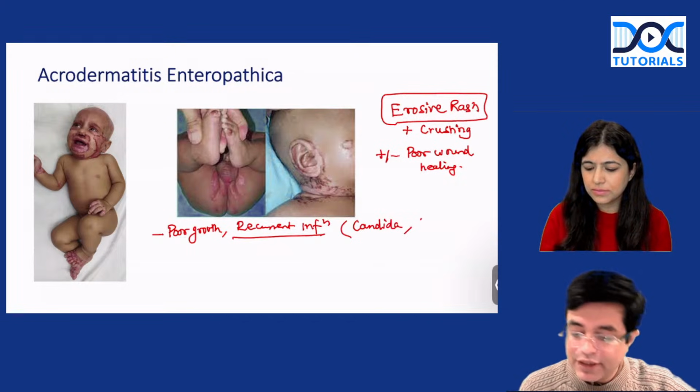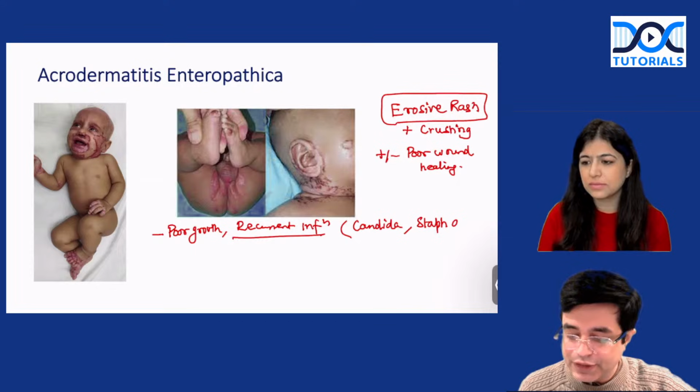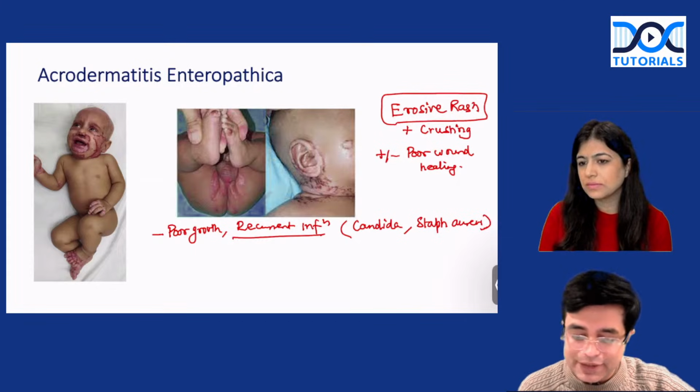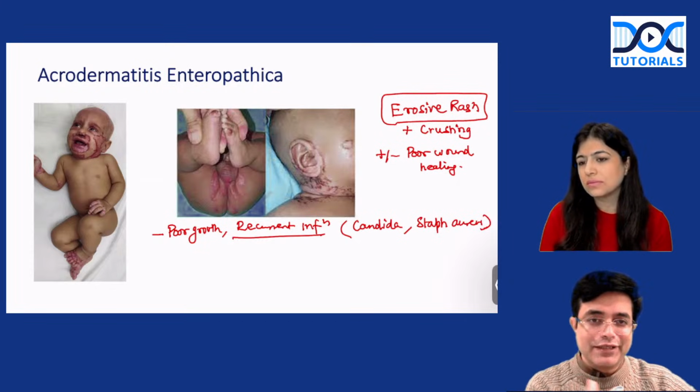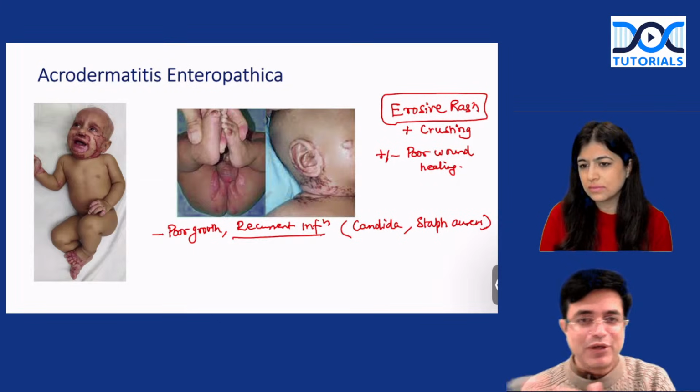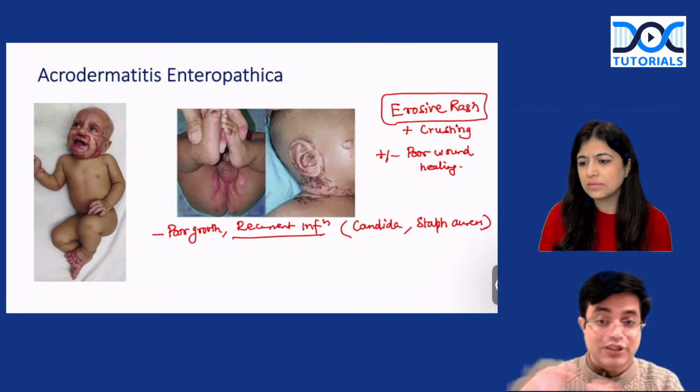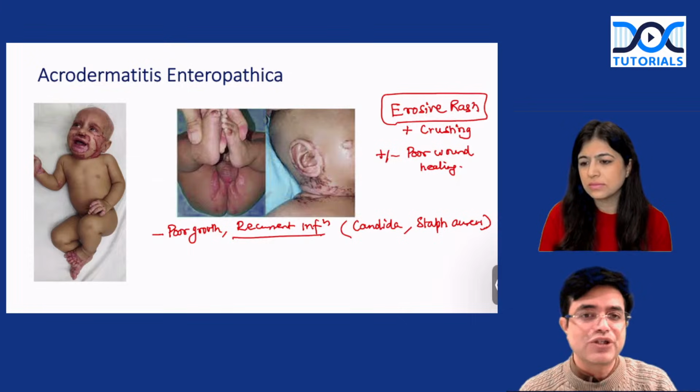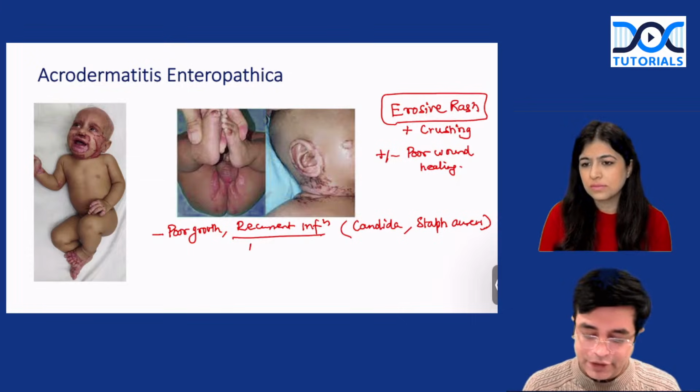Another common agent, Staph aureus, is common in these patients. So remember Candida, zinc, diaper dermatitis. These are all overlapping terms. Ma'am will be talking briefly about that topic also. So stay back. But poor growth, recurrent infections, and alopecia are the additional things that we generally watch out for.